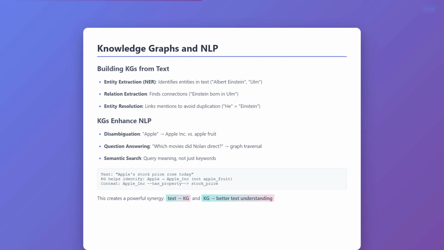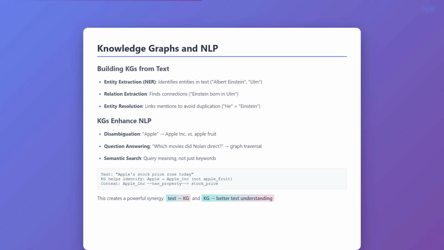Named entity recognition identifies entities in sentences. When it sees Albert Einstein and Ulm in a biography, it knows these are entities worth capturing. Relation extraction then identifies that Einstein was born in Ulm, represents a born-in relationship.